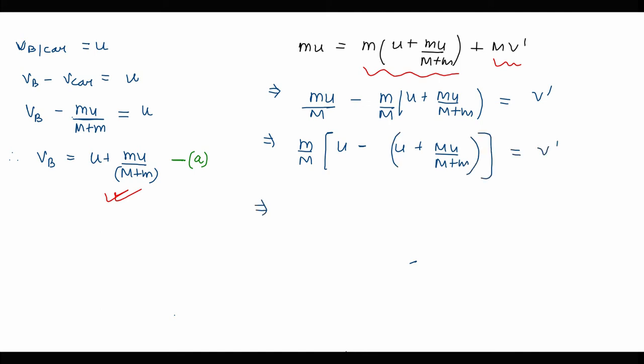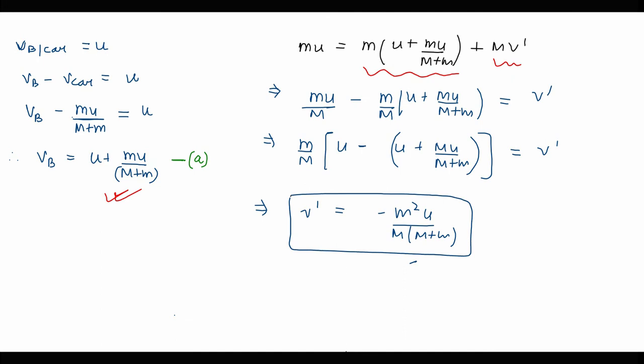On solving we obtain v dash equal to minus mu square upon M plus m. So this is the velocity of recoil of the railroad car post the other person jumps.